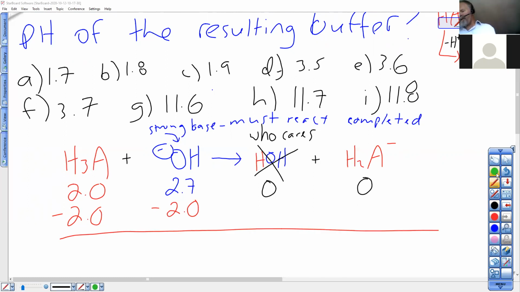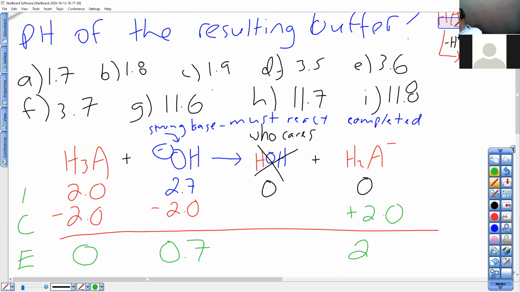And yes, we affectionately call this initial, change, end, ICE. We'll never do quadratic equations there. I hope that's a relief to most of you. When you reacted 2 moles of H3A, you made 2 moles of H2A negative. I don't care how much water you made.